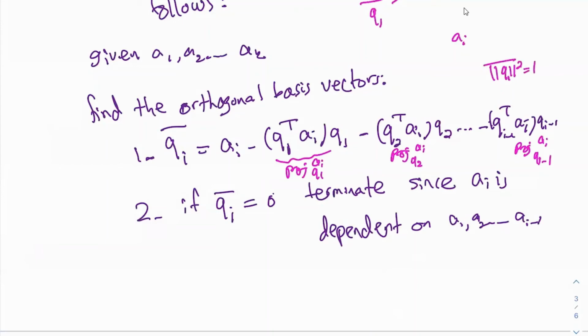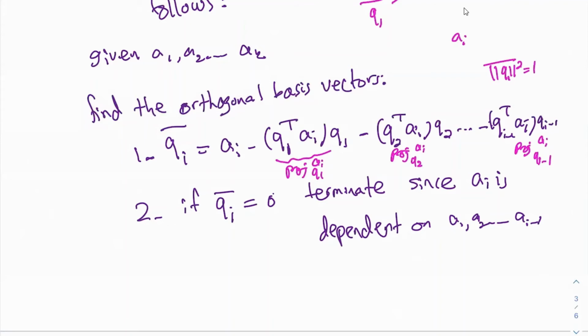Now, if this Qi bar is 0, this means that Ai is dependent on A1, A2, and Ai minus 1, or Ai can be written as a linear combination of the previous i minus 1 vectors. Remember I said Gram-Schmidt can be used to check whether a set of vectors is linearly independent or not.